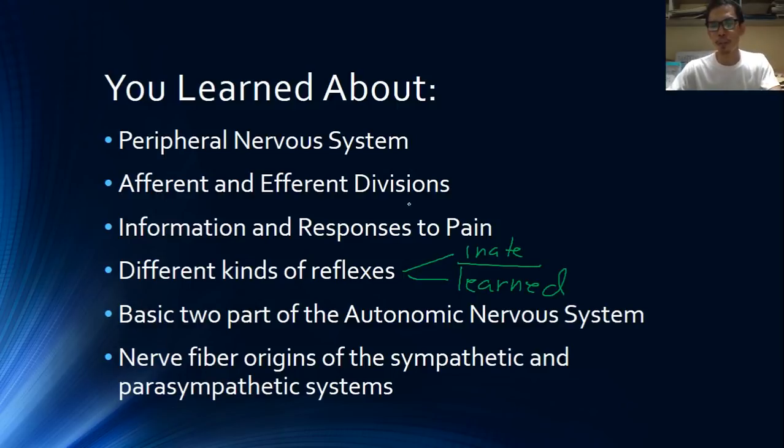Now there is what they call a learned reflex. From the word itself, these are motions that are learned over time through practice, for example playing a piano, doing sports like basketball, and other related activities.